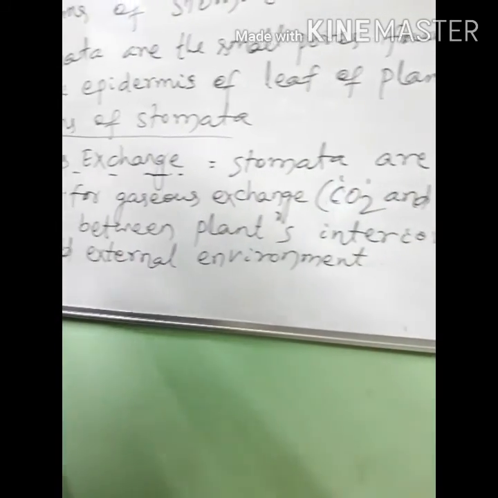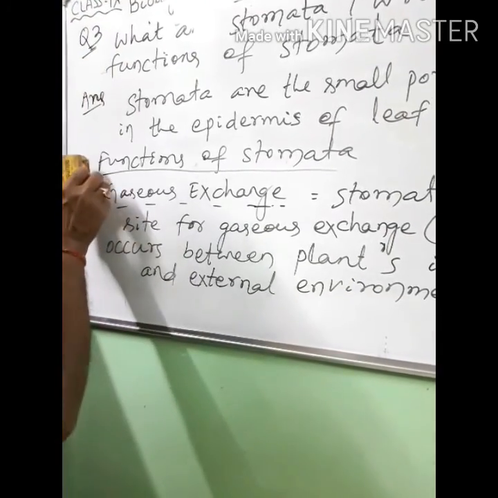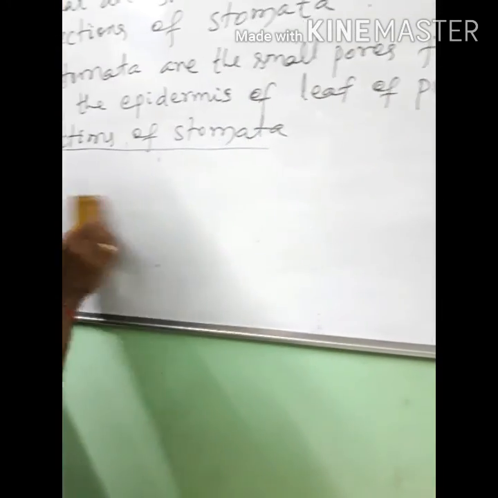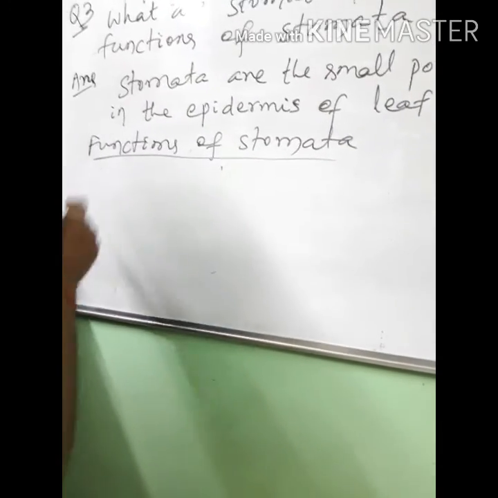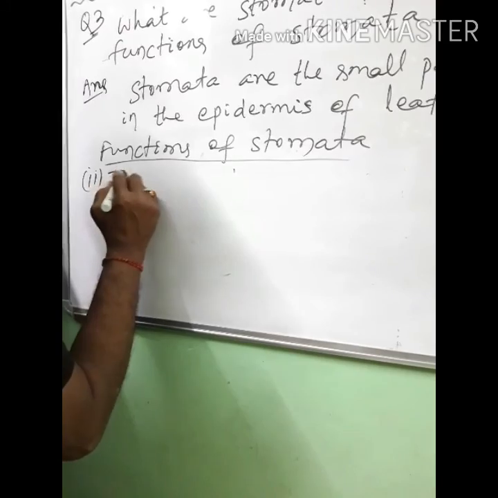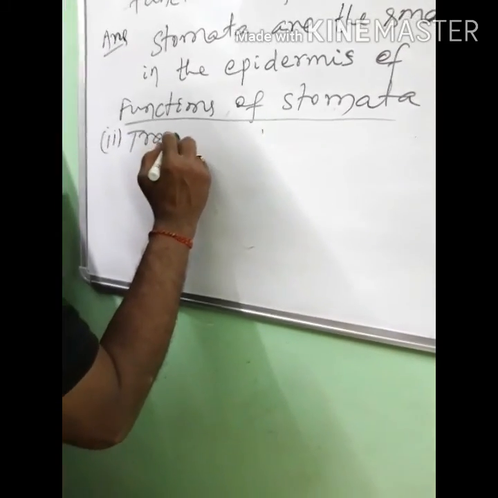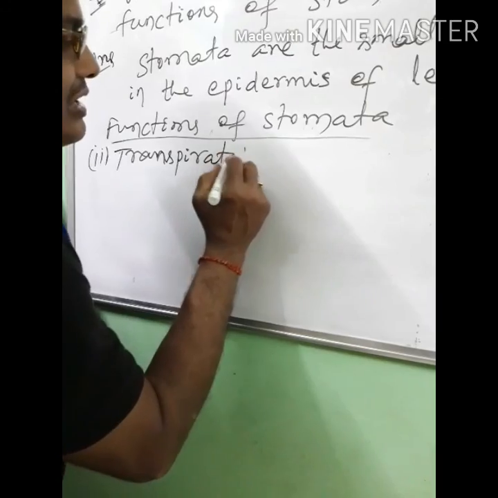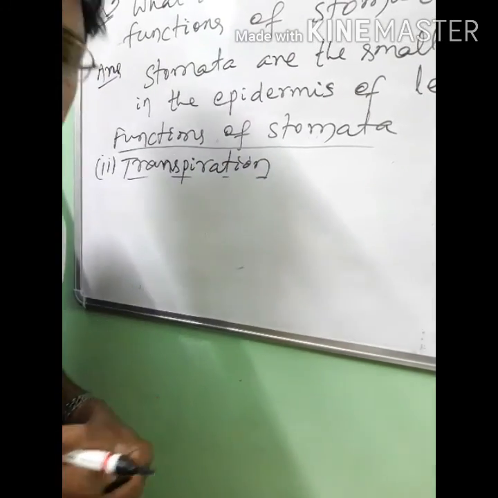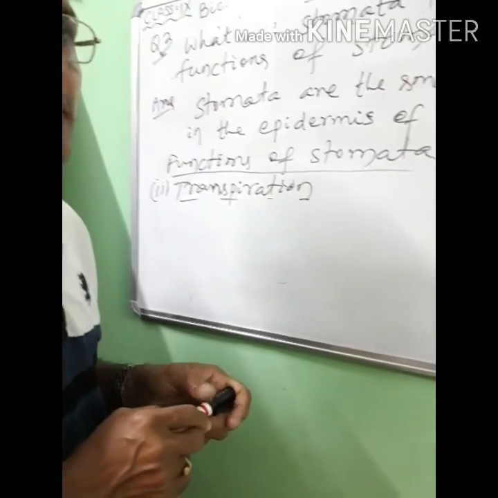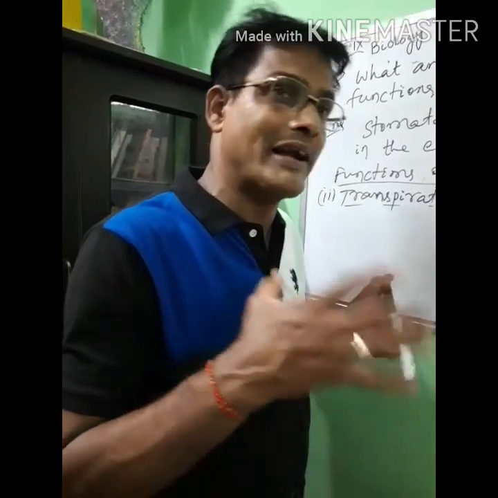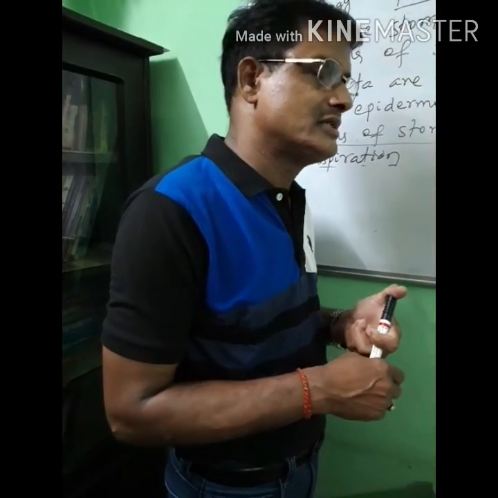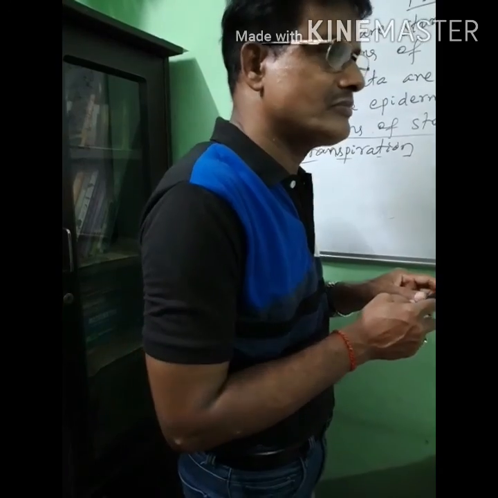The second function is transpiration. Major parts of transpiration occur through stomata in plants.